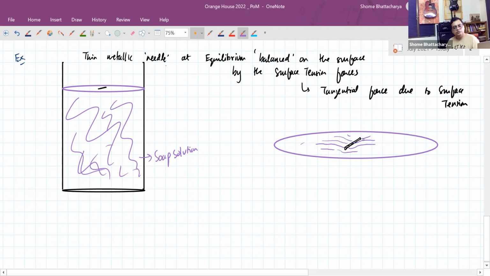Due to the weight of the needle, the surface is slightly depressed.